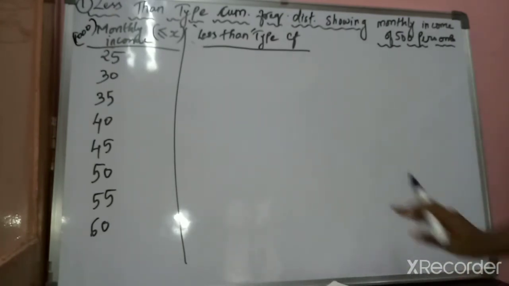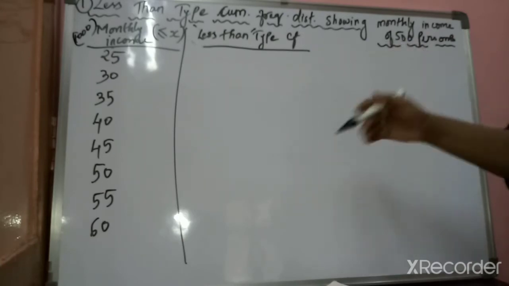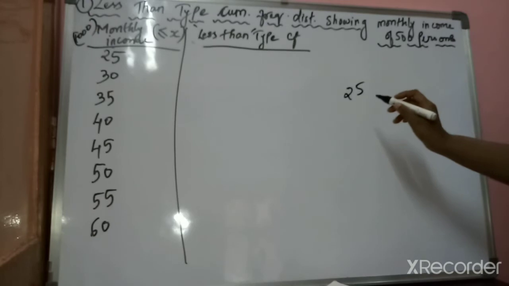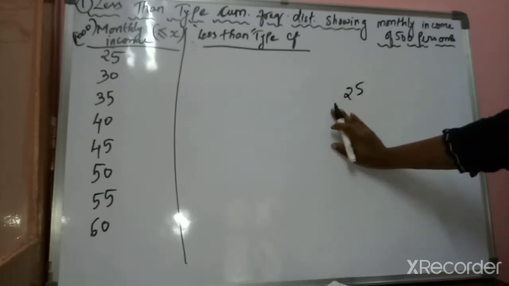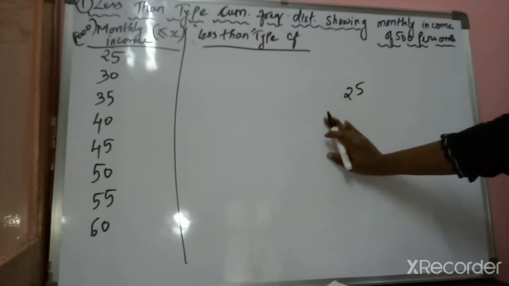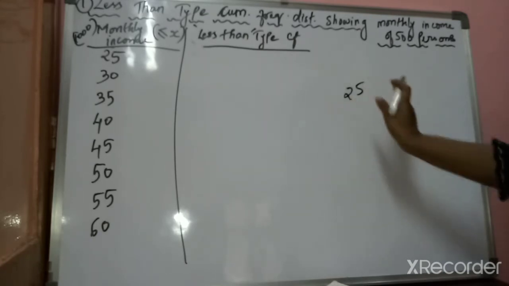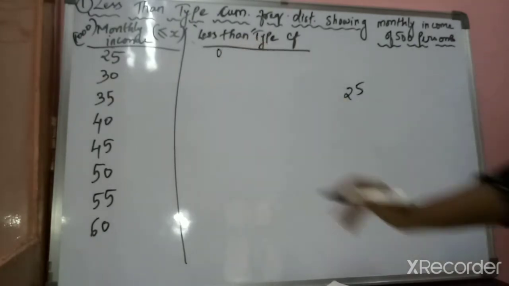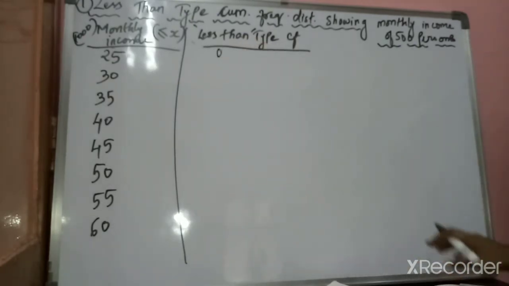So monthly income less than or equal to 25,000. Take out your textbook and just see. Less than 25,000, the number of persons is no one. The frequency is nothing given to you, so you have to write 0. No one is there, that is why 0.